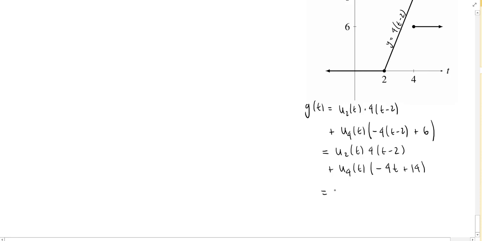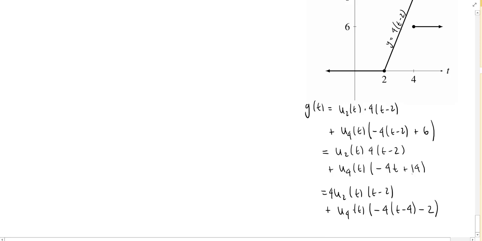So we'll copy our u2, and I'll move this 4 to the front. Plus, I have a u4. Now, instead of a t, I want to have a t minus 4, so I'll put here negative 4 times (t minus 4). If I did this, I would have negative 4 times negative 4 is positive 16, but I only want positive 14. So I'm going to have to subtract 2 away.